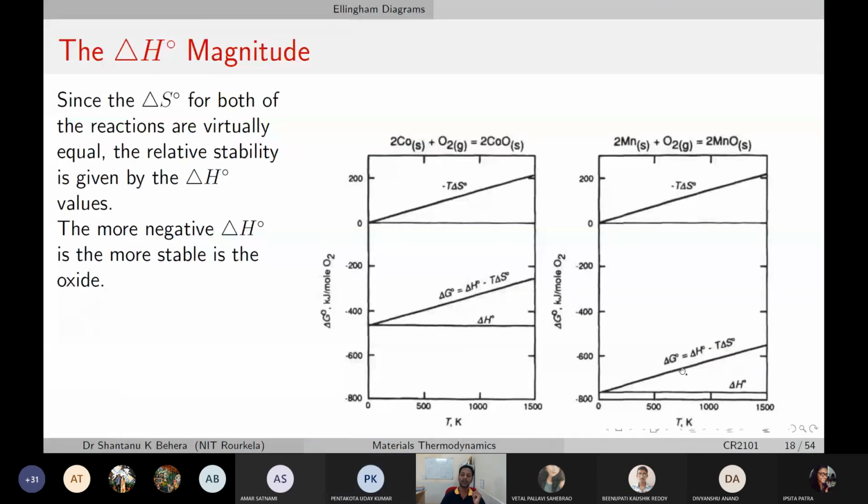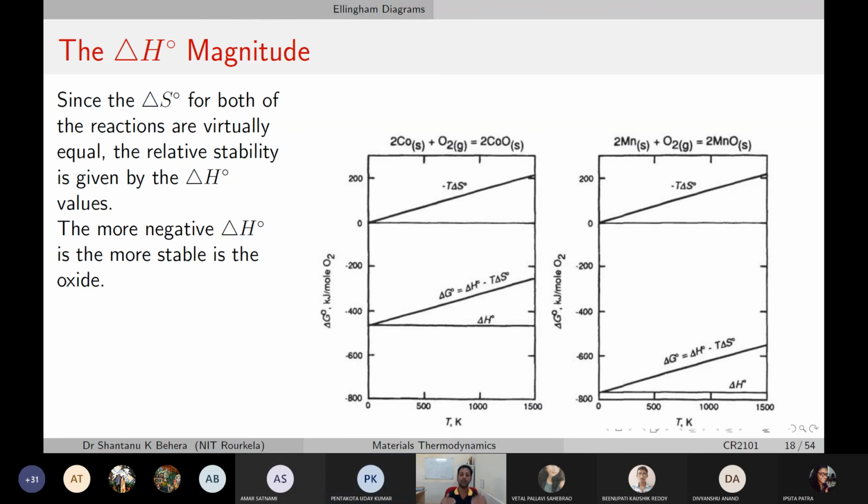For materials where the del H for the oxidation is much more negative, the equilibrium PO2 required for that metal to become oxidized is much lower than for some metal with a del H which is less negative. All del H's are going to be negative. You know that for the oxidation reaction, for any metal, all del H are going to be negative.